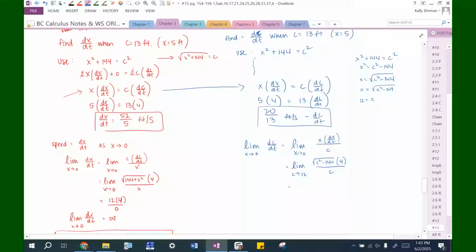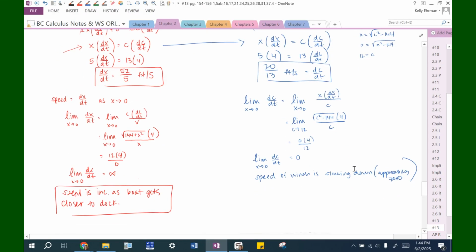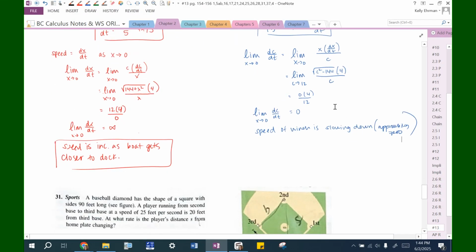Plug 12 into this, and you get 0 times 4 over 12, which is 0. So if the limit as x approaches 0, as the boat approaches the dock, of dc/dt ultimately came out to 0, it means that the speed of the winch is slowing down, approaching 0. That makes sense. You've got to turn the winch off at some point because you don't need it to pull the boat in anymore. Momentum will do the rest.